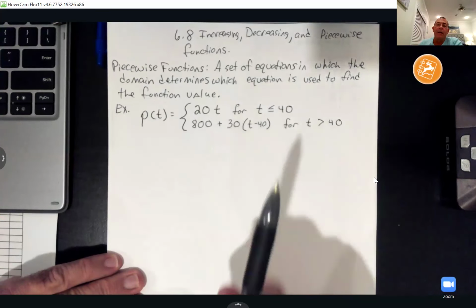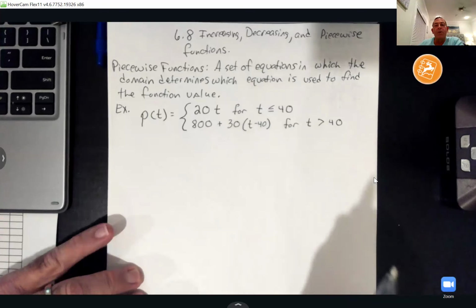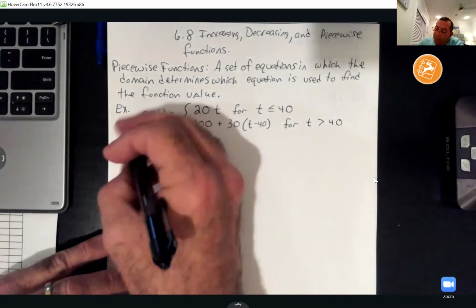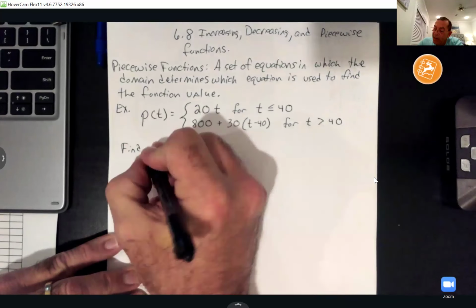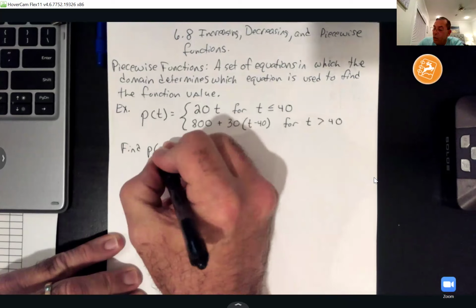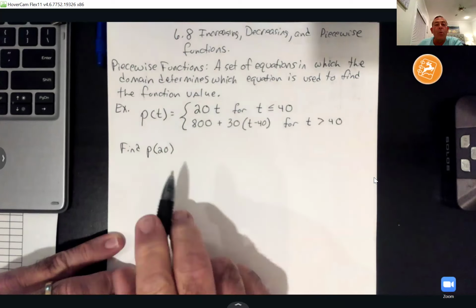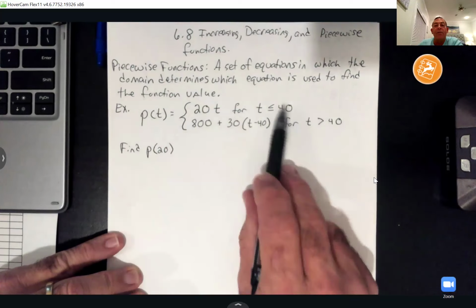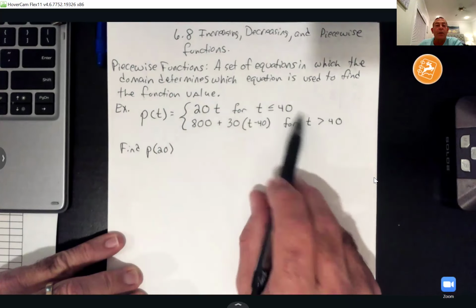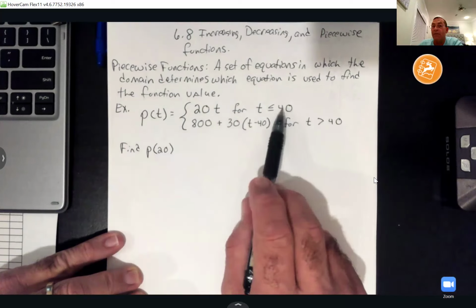Okay? So if I was going to find P of, say, 20, if someone works 20 hours, I look at the domain to figure out which equation I use. Well, y'all, 20 is less than 40.